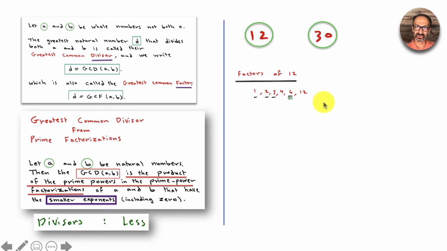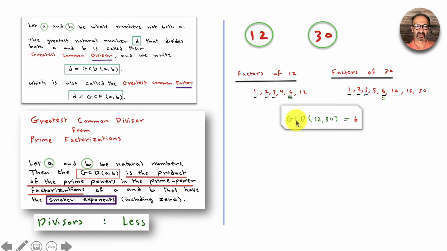Those are the divisors or the factors. For 30, we are going 1, 2, 3, 5, 6, 10, 15, and 30. Notice that those are underlined. Those are the common factors, but 6 is the greatest common factor, and that's why we call it the greatest common factor. So the greatest common factor of 12 and 30 is 6.